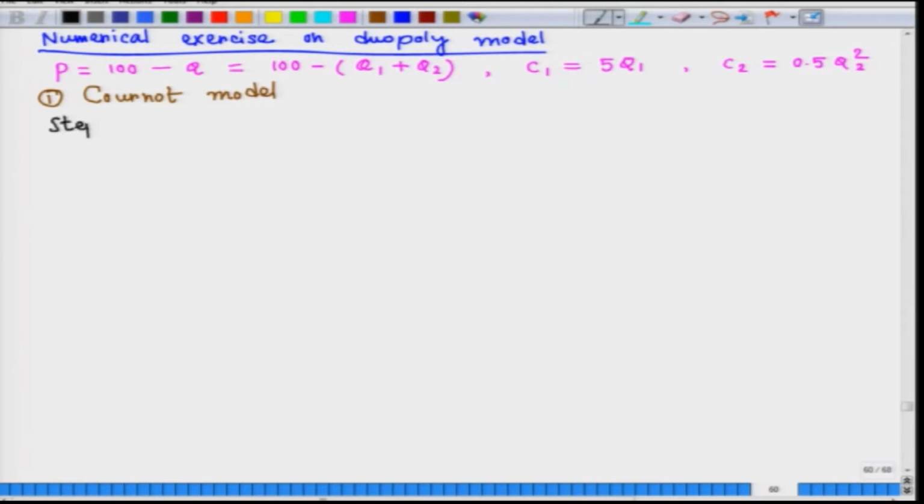So, step 1 would be writing the profit function for both firms, and if we do so, let us start with firm 1.